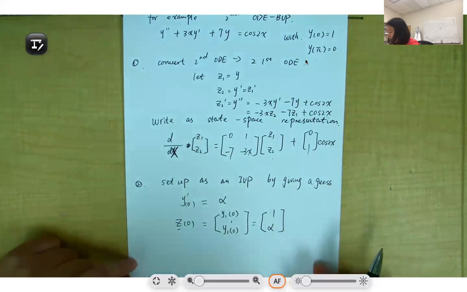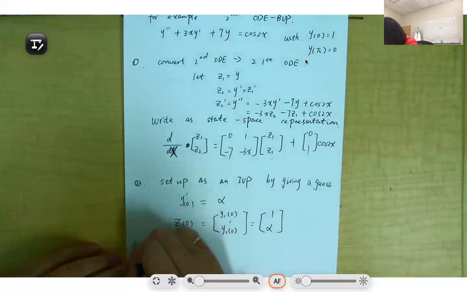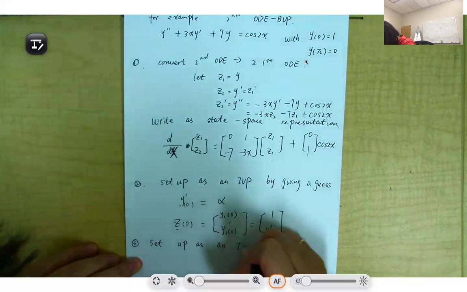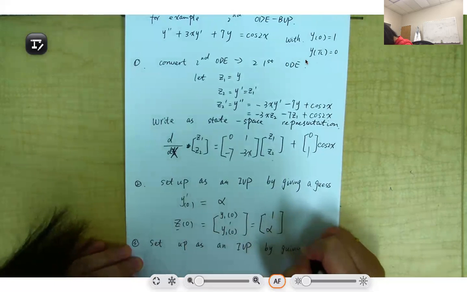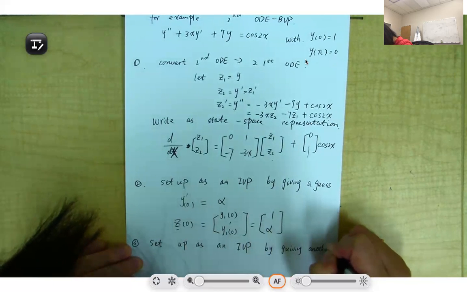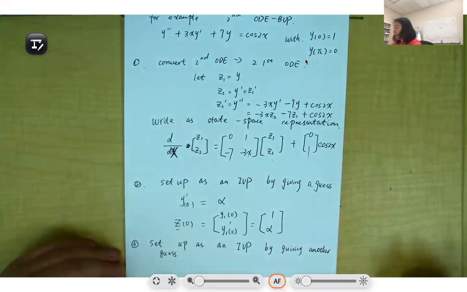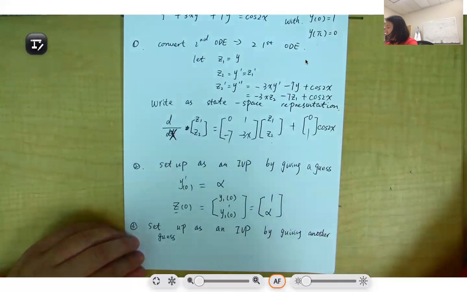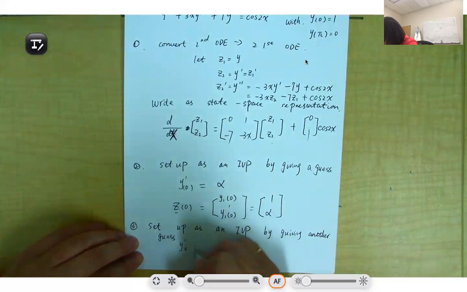Then we are trying to do another guess. Give the beta, another guess set up as an initial value problem. Another guess will be beta, so y'(0) will be equal to beta.